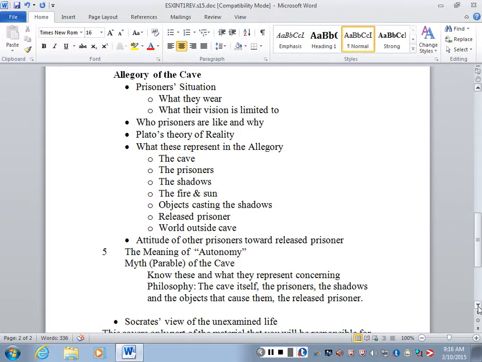So for Plato, you've got degrees of existence or reality, where the physical desk is more real than a reflection of it, or a painting of the desk, or its shadow. The objects cast in the shadow represent basically material objects in this world.